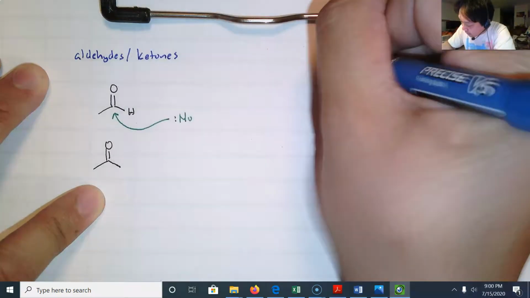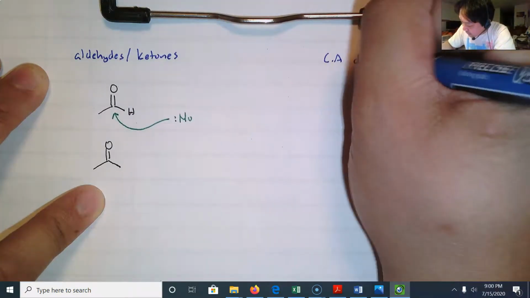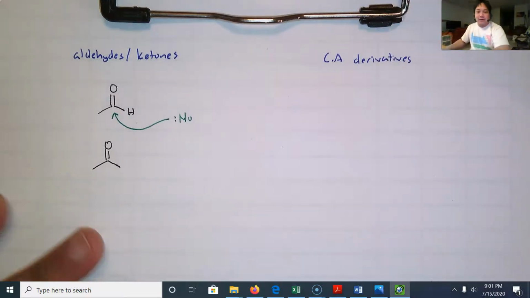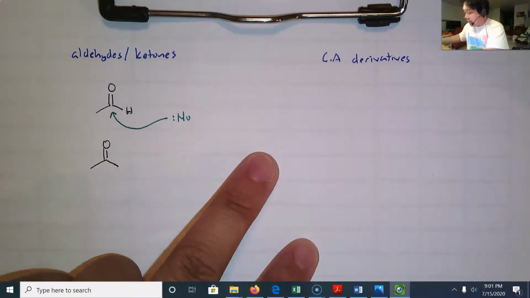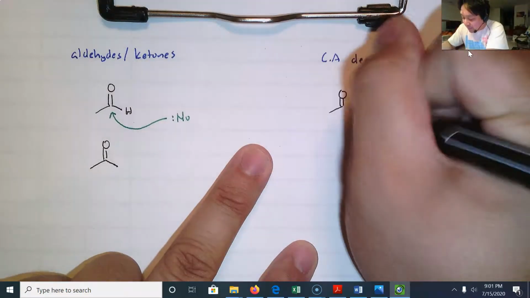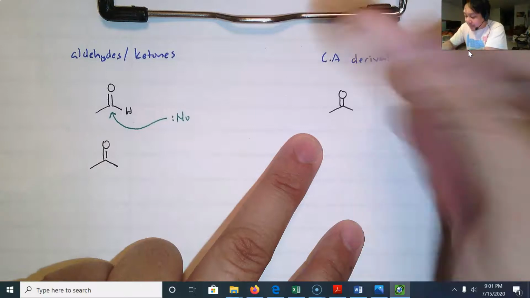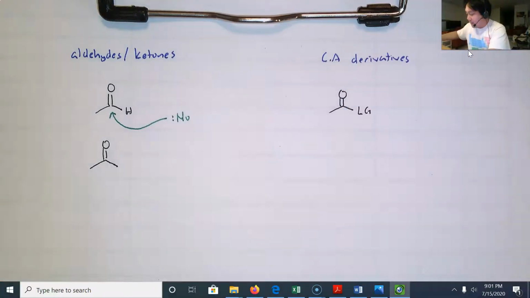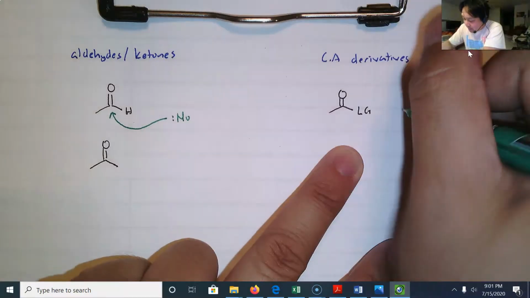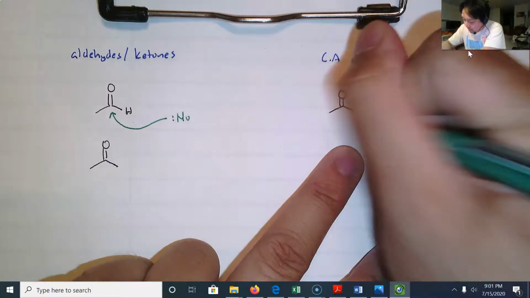What about our carboxylic acid derivatives? Is there anything fundamentally different about those? Yeah, we just got done talking about leaving groups. So all of your derivatives have a leaving group. And we could still have an attack by a nucleophile.